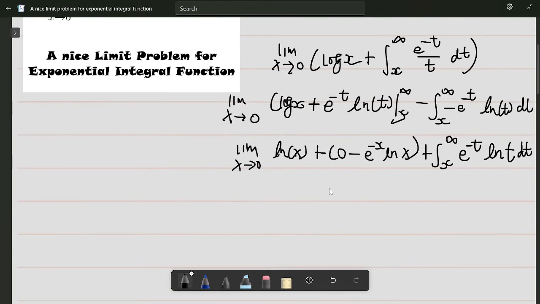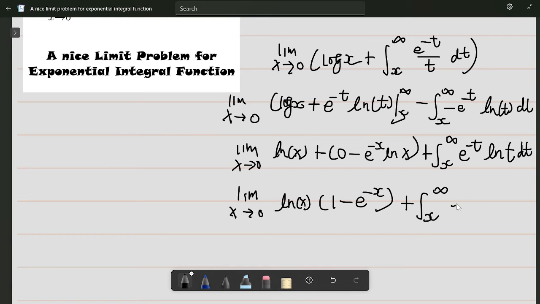Okay, now basically we have limit x tends to 0. If I take ln x common, I basically have 1 minus e to the power minus x plus the integral from x to infinity of e to the power minus t ln of t dt.